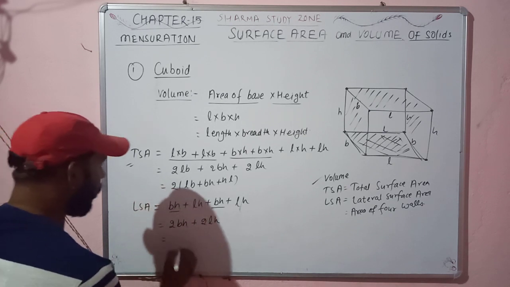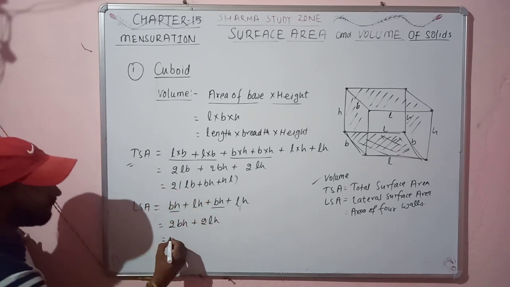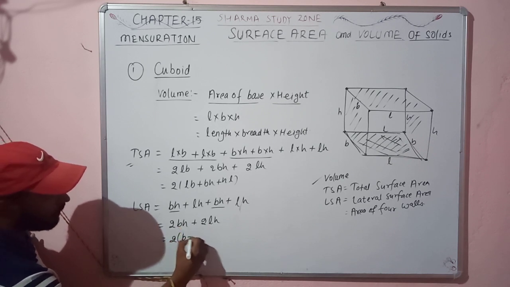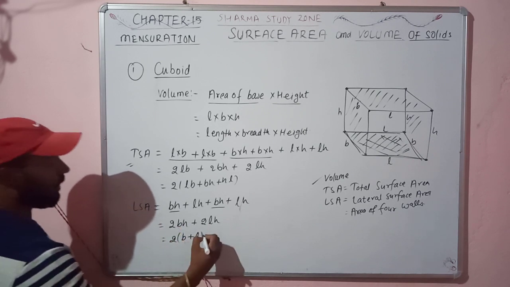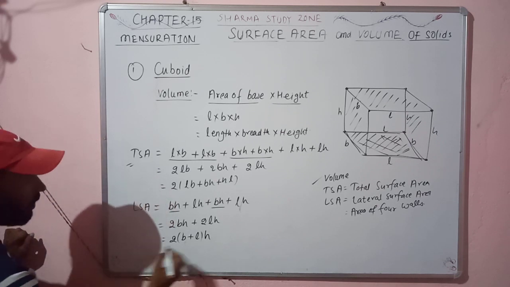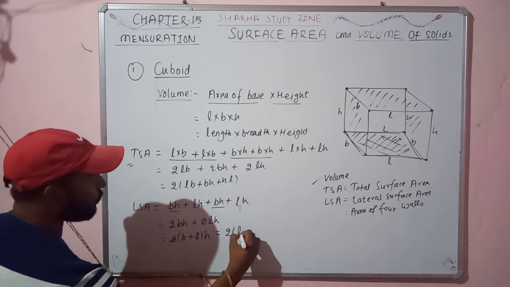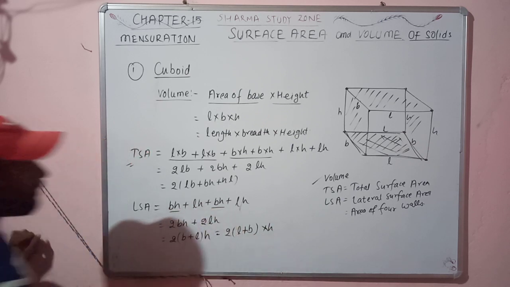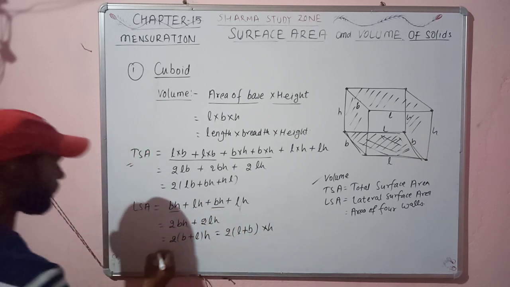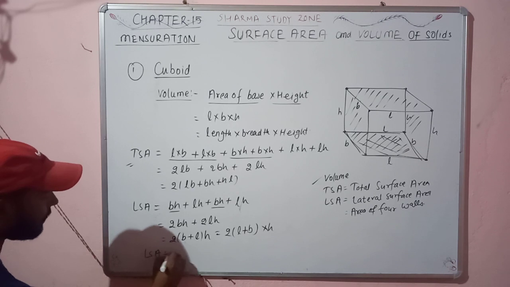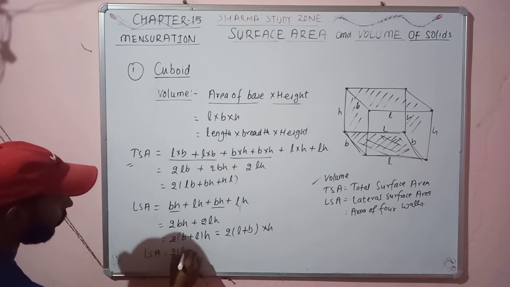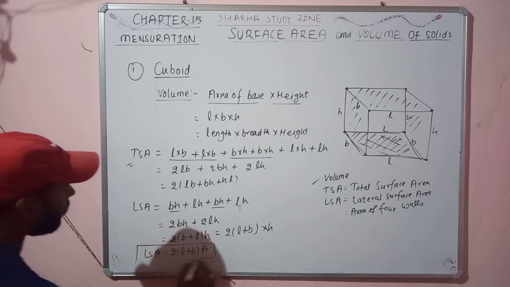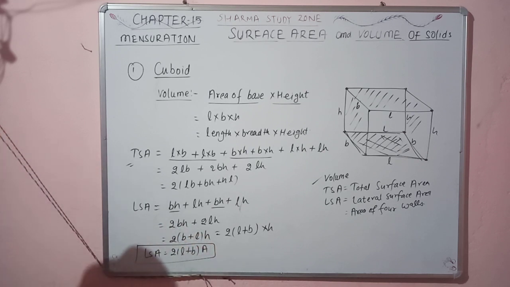Now we can take common from these 2 terms. We will have 2 into B plus L into H. Simply it can be written as 2 into L plus B into H. So this is the formula of lateral surface area of a cuboid or area of 4 walls of a cuboid.